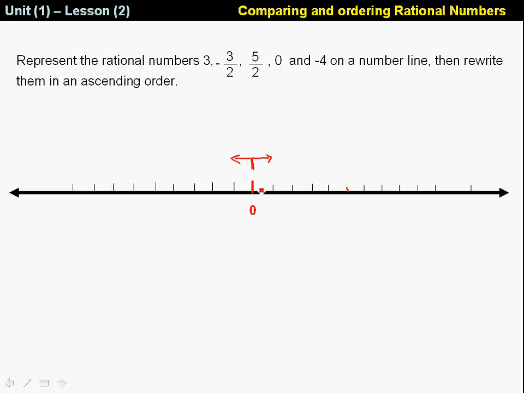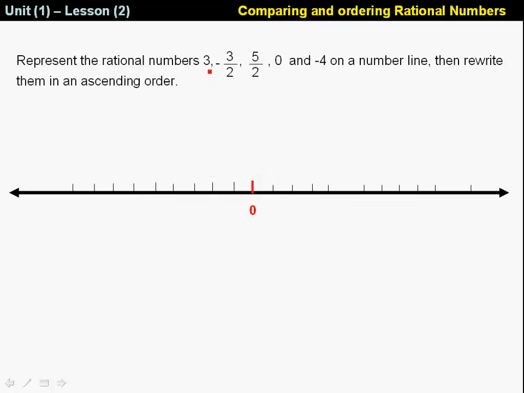So we will start from 1 over 2, 2 over 2, which is 1, 3 over 2, 4 over 2, which is 2, 5 over 2, 6 over 2, and so on. And in the negative direction, this is minus 1 over 2, 2 over 2, which is minus 1, 3 over 2, minus 4 over 2, which can be written as minus 2, minus 5 over 2, minus 6 over 2, which can be written as minus 3, and so on.